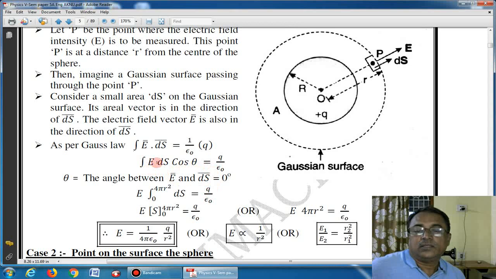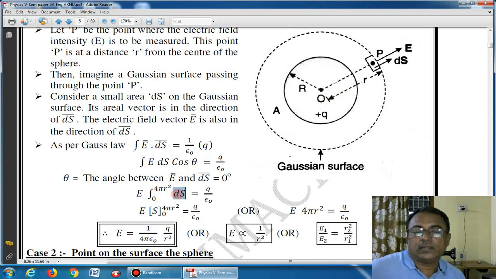And here E is also a constant. If the charge given to the sphere and the radius of the sphere are constants, and the point where the electric field intensity is to be measured is also fixed, that is the small r value is also fixed, then E can be taken out and we are taking ds.